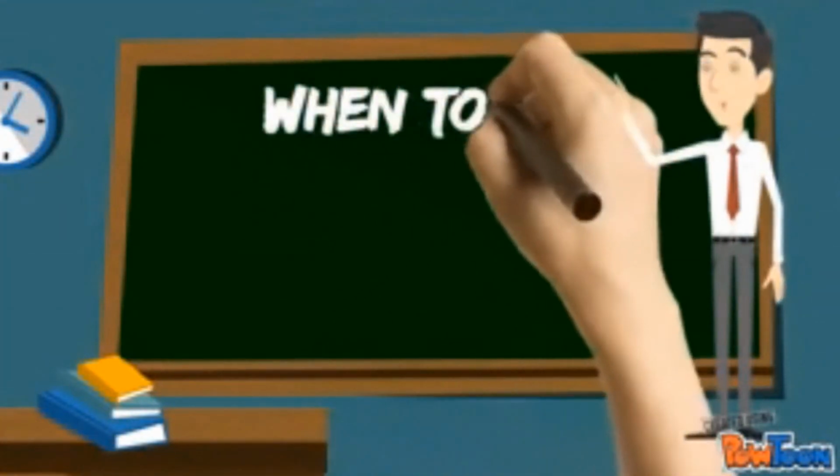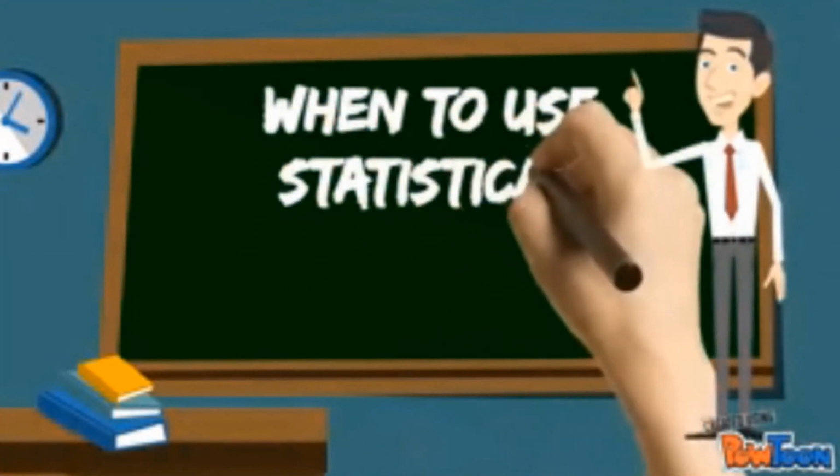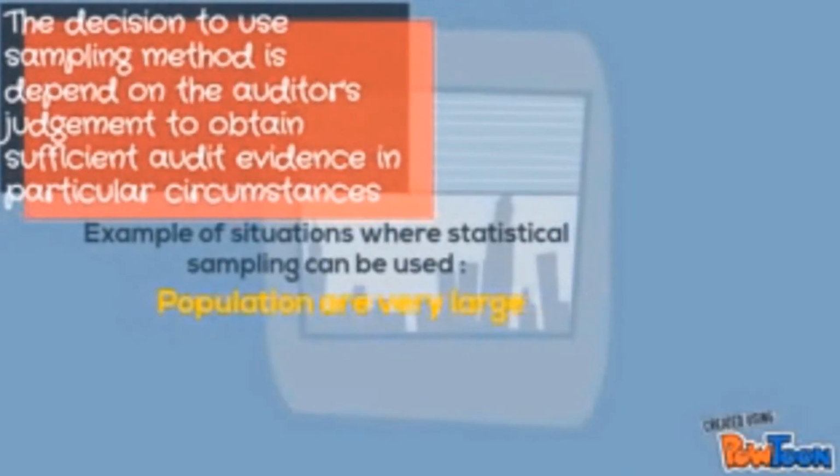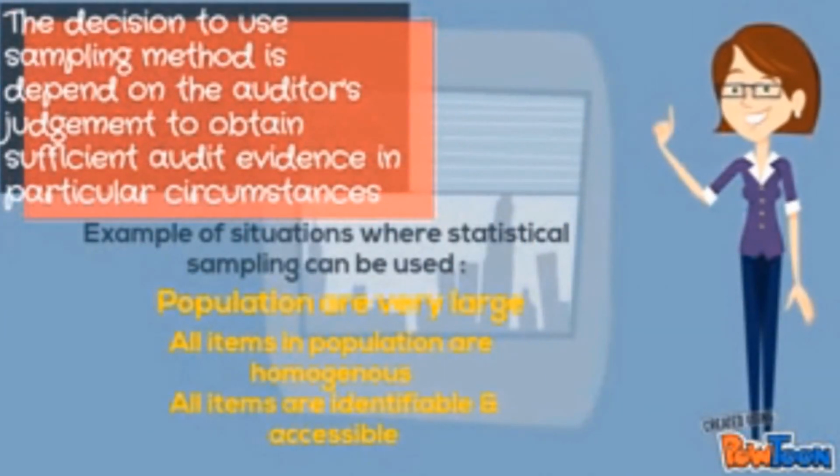When to use statistical sampling. The decision to use a sampling method depends on the auditor's judgment to obtain sufficient audit evidence.